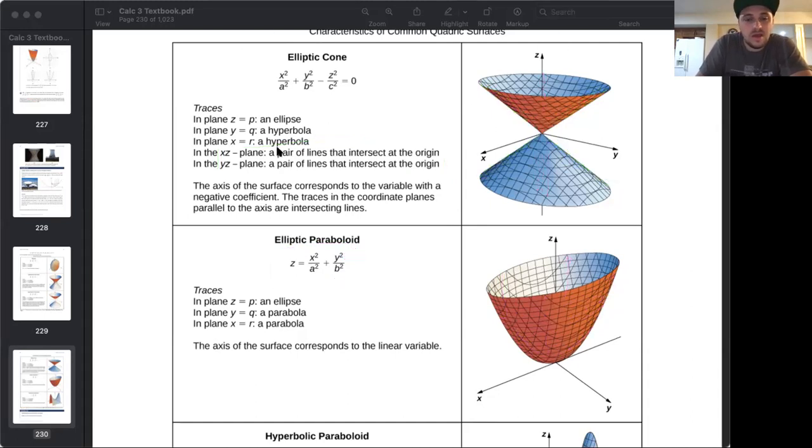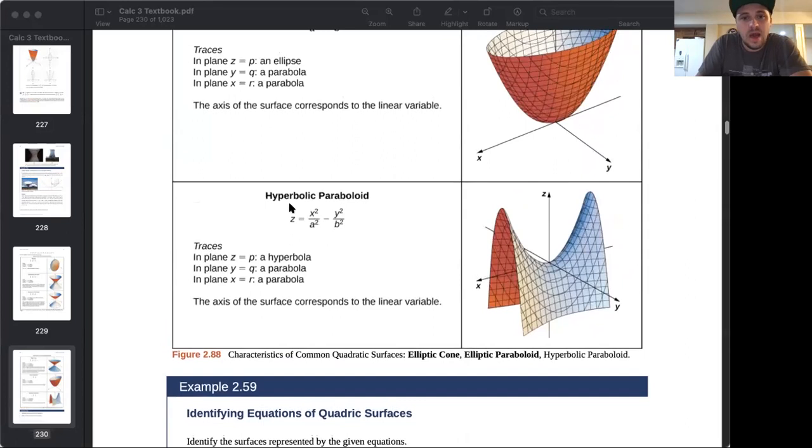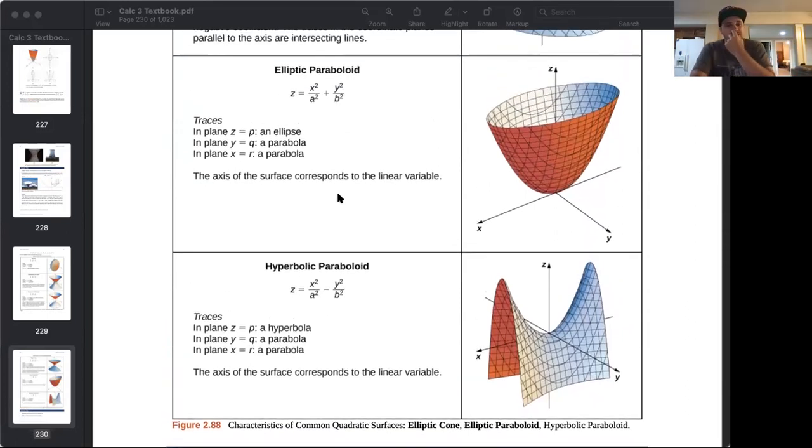It's clear. And the last one would be a hyperbolic paraboloid. This is something where you don't have any ellipses whatsoever. If you take a slice parallel to the YZ plane, you have a hyperbola, right? You get two lines, like here and here. You can see how that's a hyperbola, because I have two lines that are bowing out away from each other.